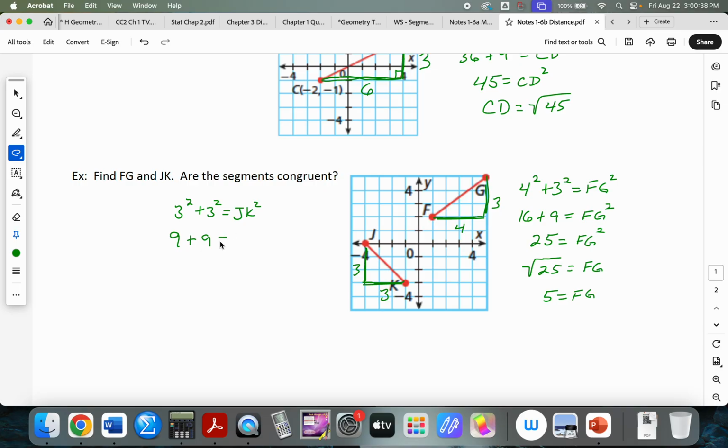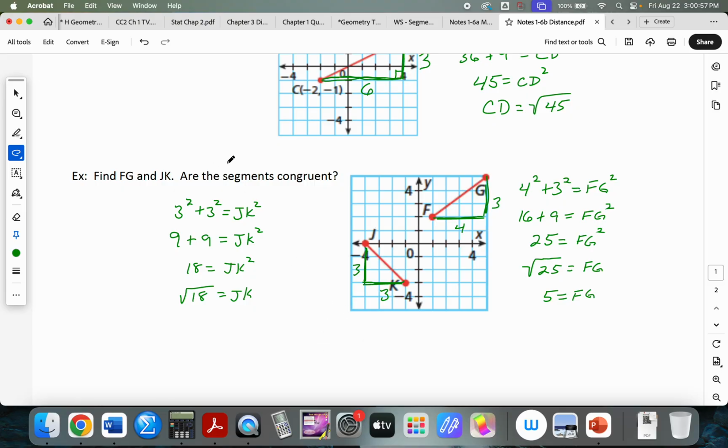So it's 9 plus 9 is JK squared. 18 is JK squared. So JK is the square root of 18.